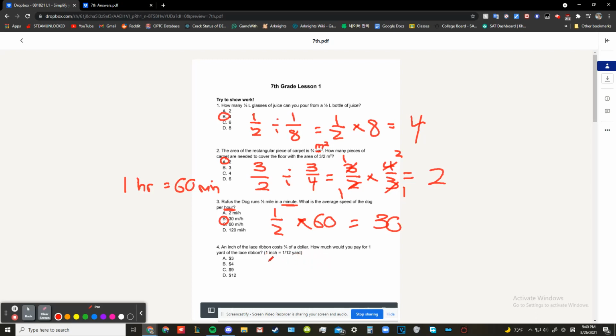So that means 1 yard is equal to 12 inches. So that means we have to multiply this number by 12 in order to get the total cost. And when we do that, we get 9. So that's our answer for 4, $9.